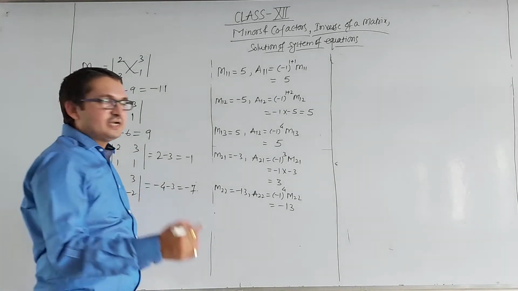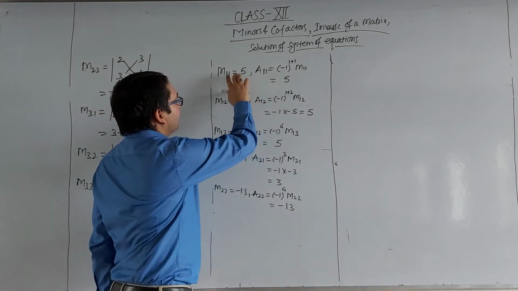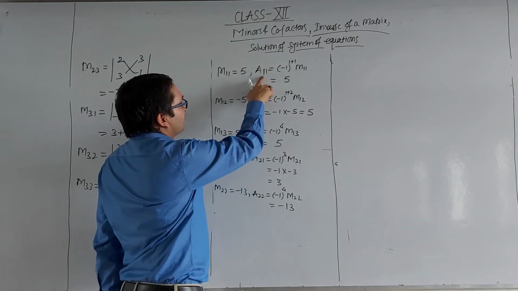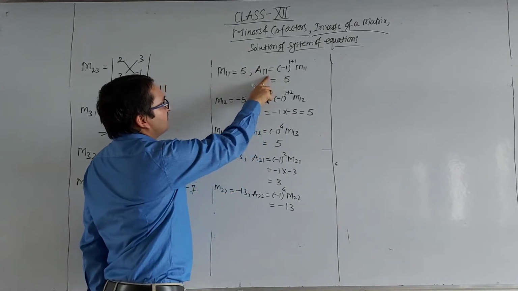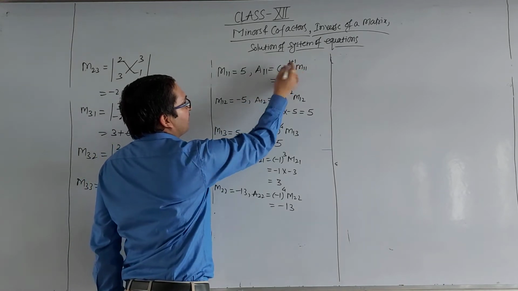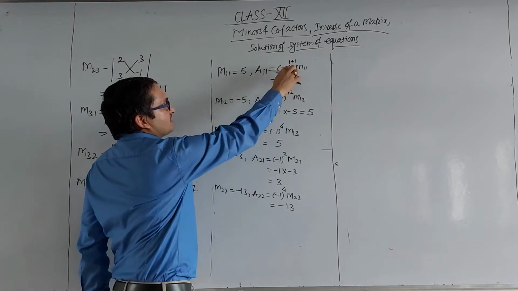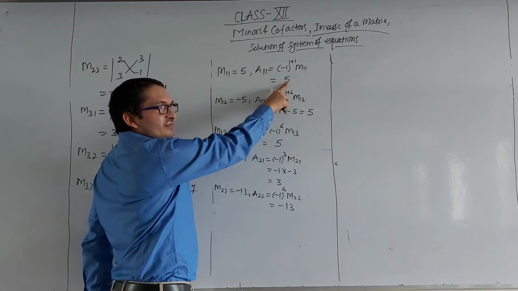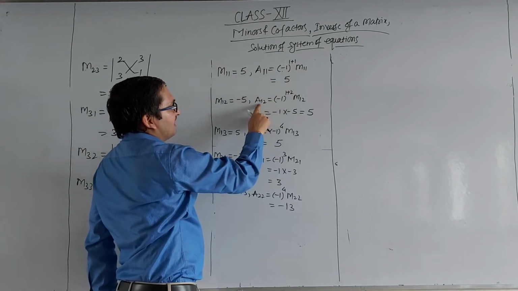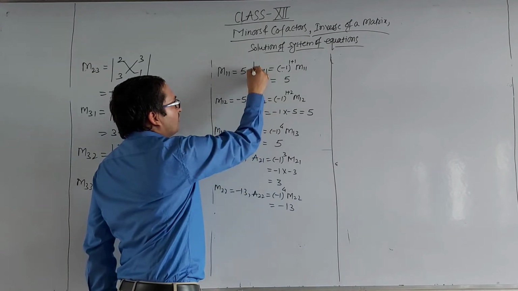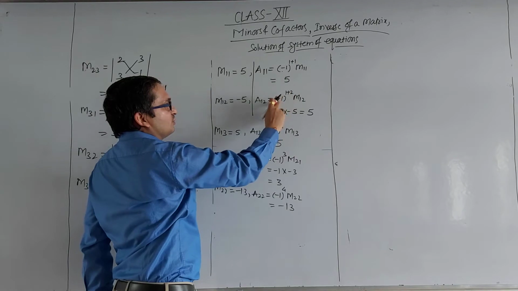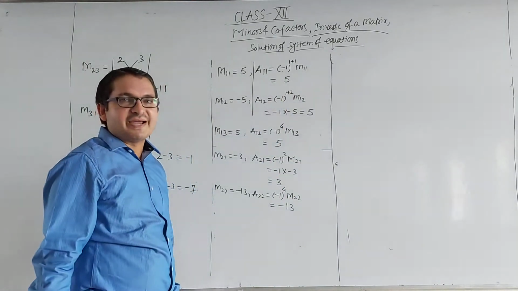Now we are going to write the cofactors. So I have written A11 over here. How to write it: minus 1 power 1 plus 1, that is 2, and M11 is 5. Now A12: minus 1 power 1 plus 2, that is 3, so minus 1 power 3 is minus 1.